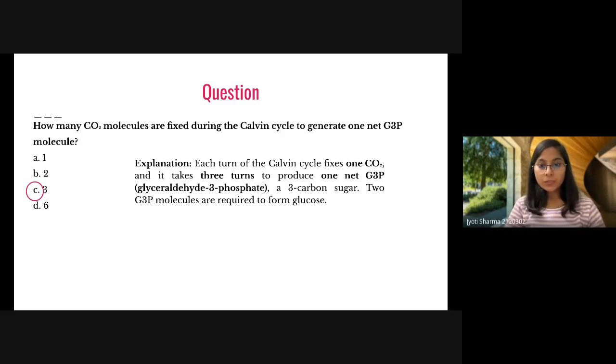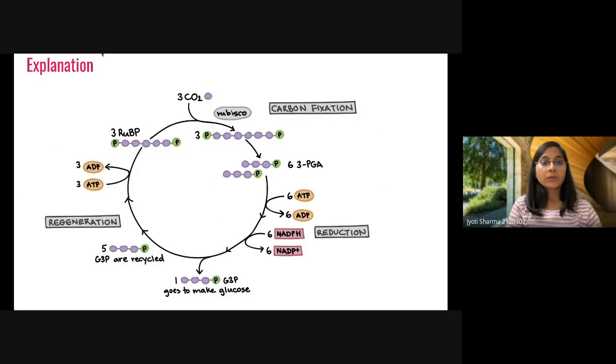Let me show you this. G3P is glyceraldehyde 3-phosphate, and this is a 3 carbon sugar. If we need a 3 carbon sugar, no doubt we need 3 CO2 so that we can have 3 carbons, right? Let me show you the figure. Initially we have 3 CO2, and one by one we take the CO2.